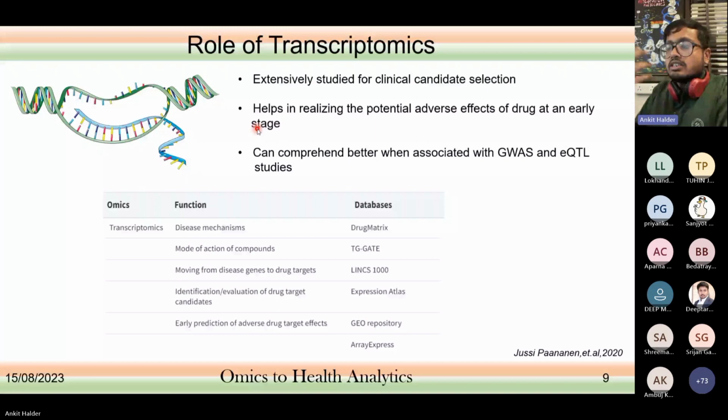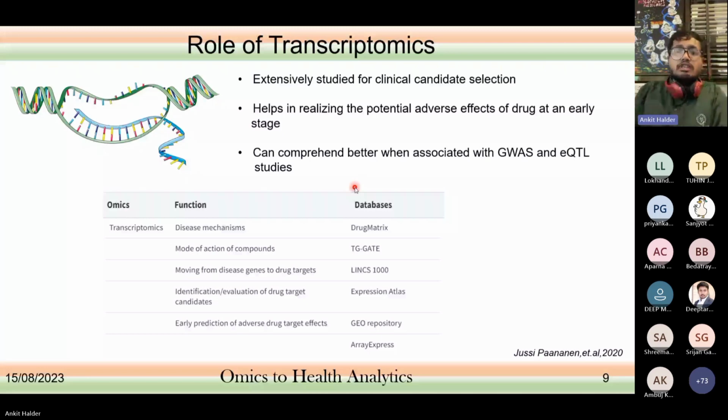What we have done is that with the GWAS and the QTL studies and also these genotype-phenotype association studies, we could understand some mutations and some associations of the drug target interactions.